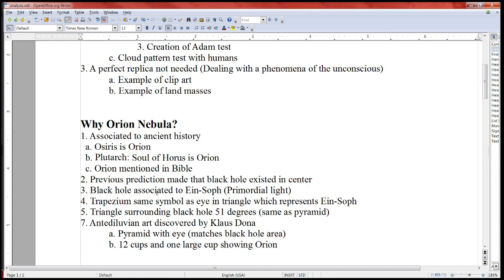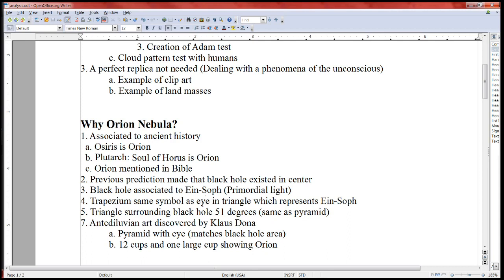And the reason the black hole is important is because we also see across cultures a particular creation event. Ein Sof, which comes from Kabbalah, is the same understanding that we see across cultures, where the initial part of creation begins, where let there be light, and we have this initial creation where there's nothing, and then all of a sudden there's light.